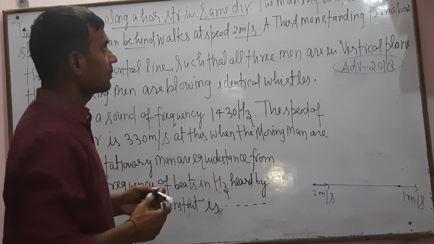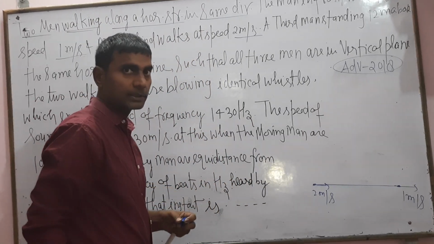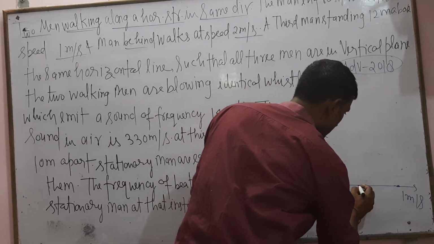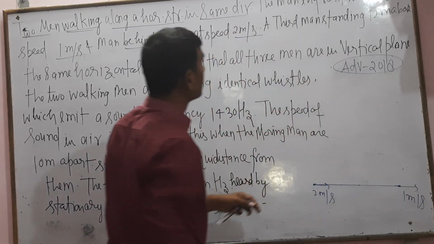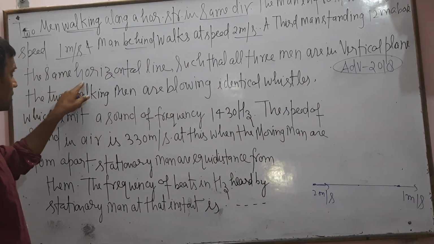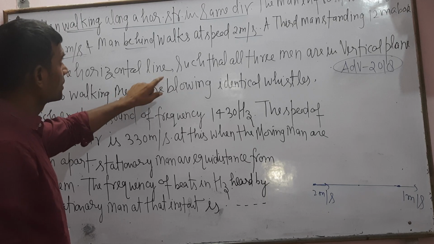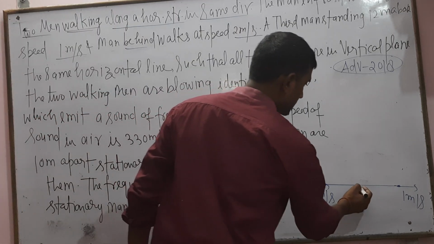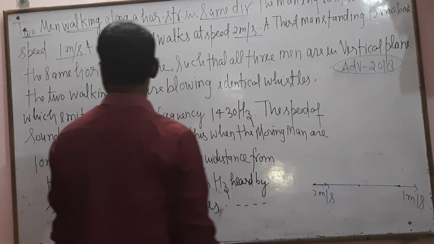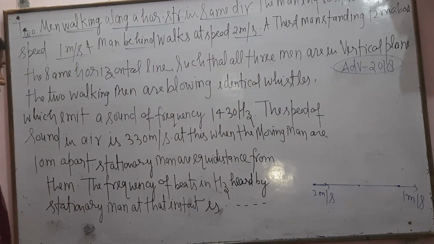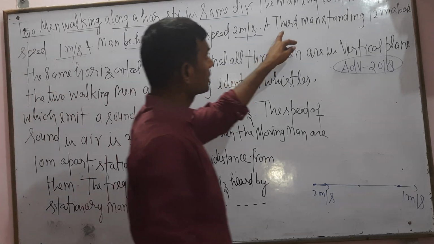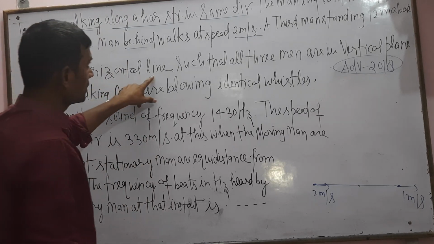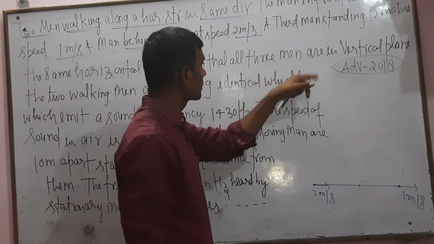A third man is standing 12 meter above, in the same horizontal line, such that all three are in a vertical plane.